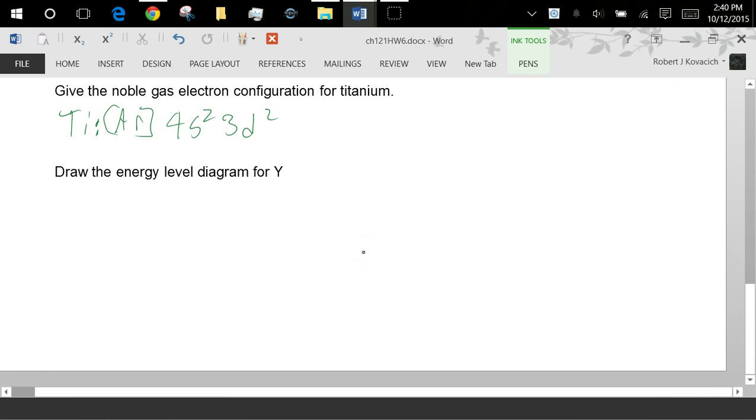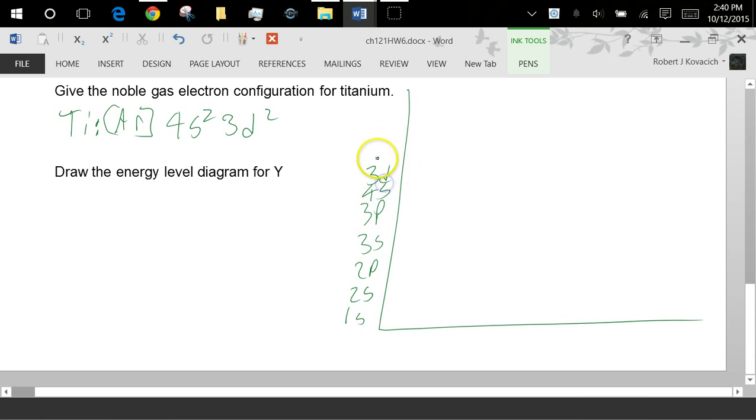Energy level diagram for yttrium. 1s, 2s, 2p, 3s, 3p, 4s, 3d, 4p, 5s, 4d. So 1, and 1, and 1, 2, 3, and so on for each sublevel.